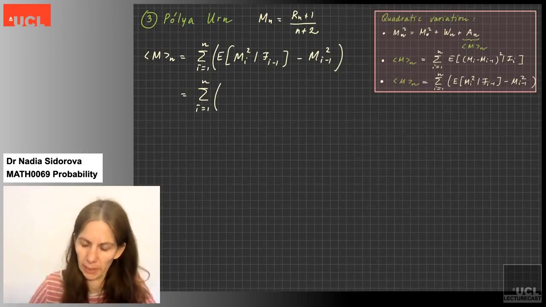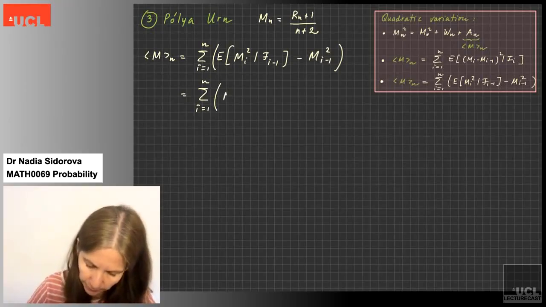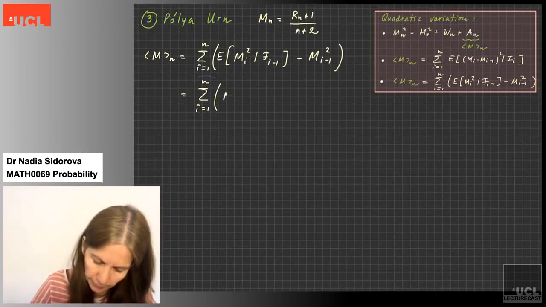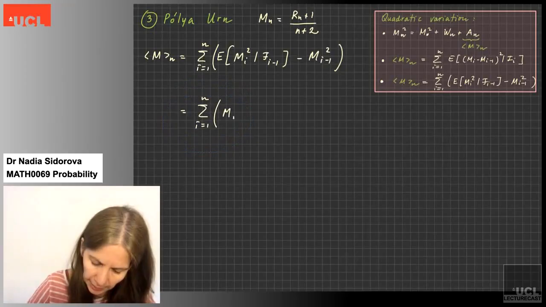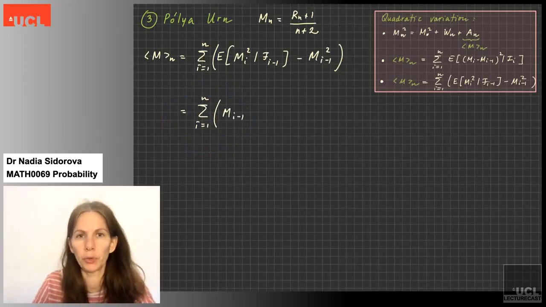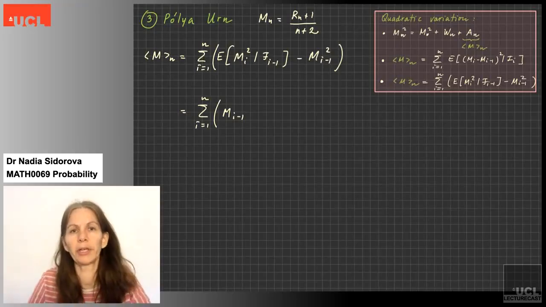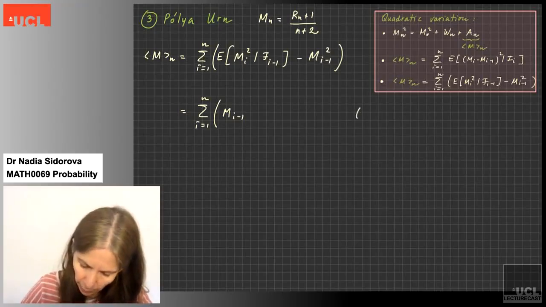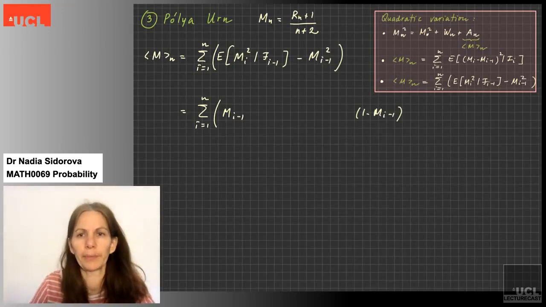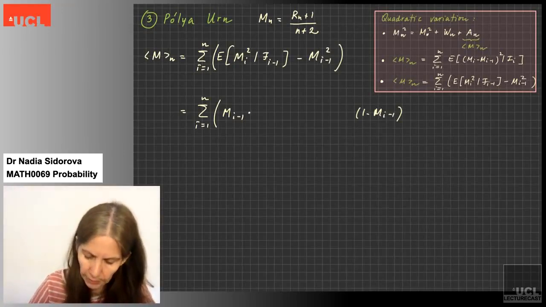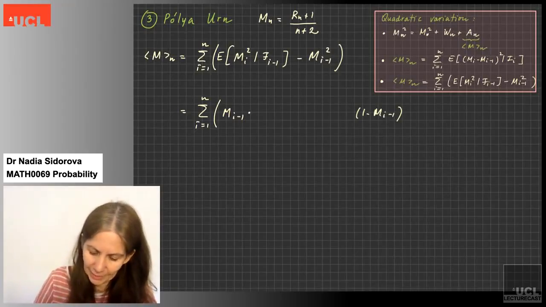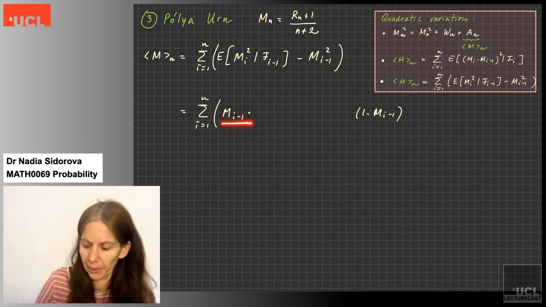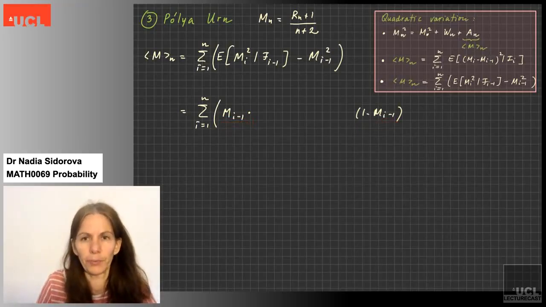With probability M_{i-1}, I will draw a red ball from the urn at time i, and with probability 1 minus M_{i-1}, I will draw a green ball at time i.